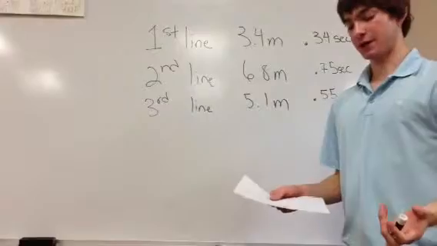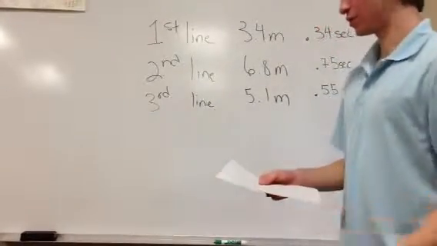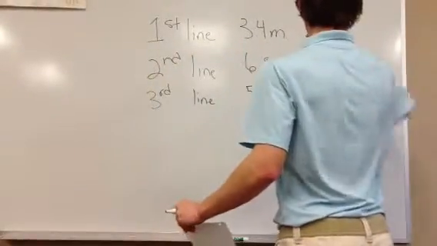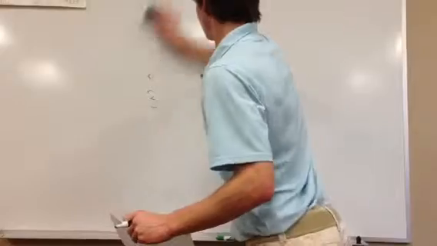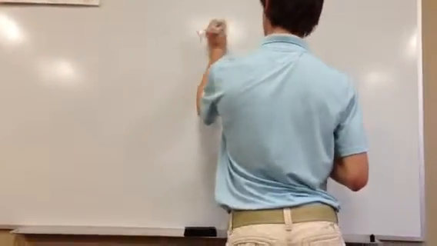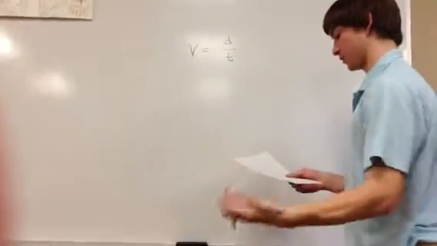Once we had all of our data, we decided it was time to plug it into the equation. I'll just erase the data here and show you. We used velocity equals distance over time to figure out what the velocity was.